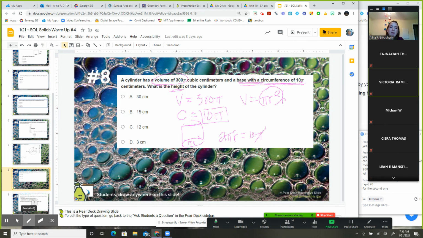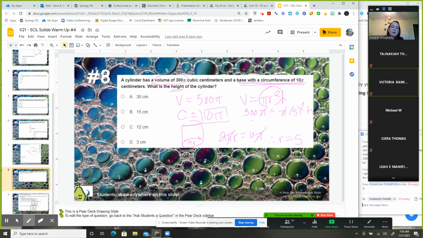Divide by pi and divide by pi. What does r equal? 10 divided by 2, r equals 5. Then I can substitute. So I've got 300 pi is my volume, and then pi times 5 squared, and then h. Divide by pi, those cancel out.